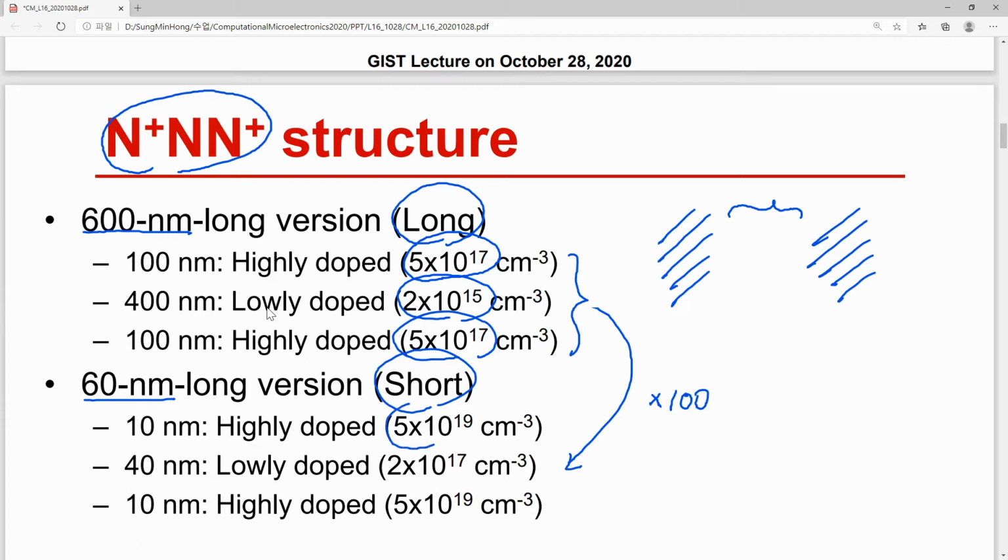So we have 5 times 10 to the 19, 2 times 10 to the 17. Okay. So anyway, now our goal is to develop a code which can solve the coupled system of our Poisson equation and continuity equation.